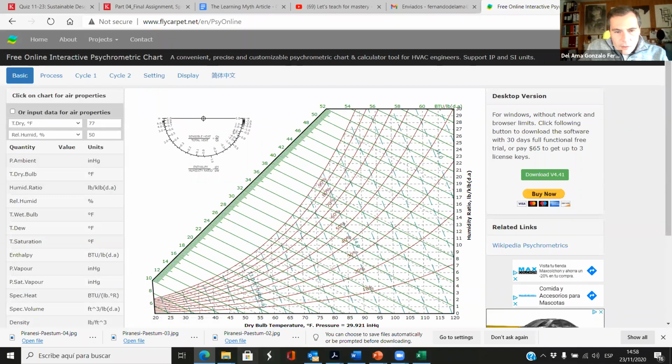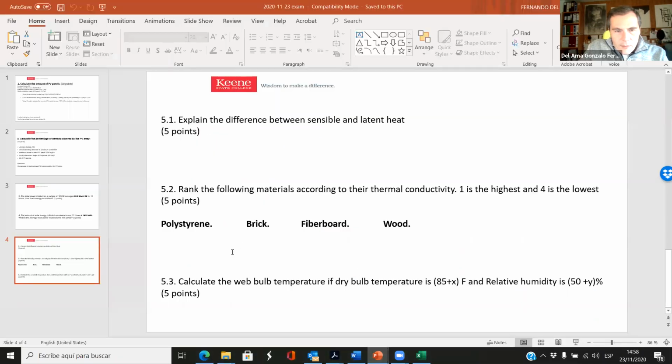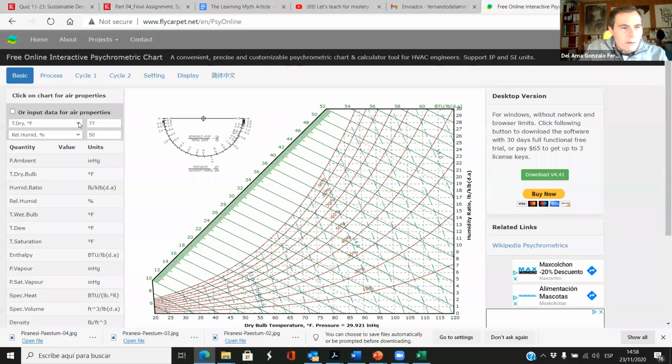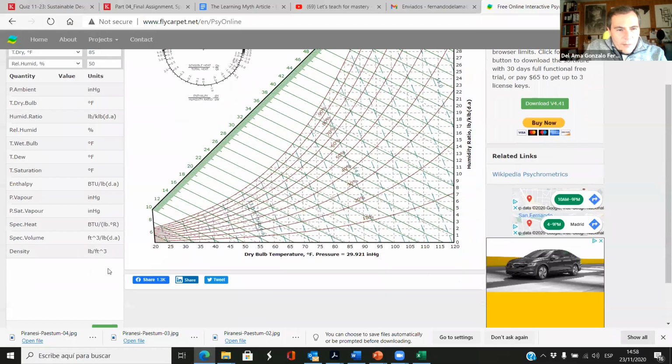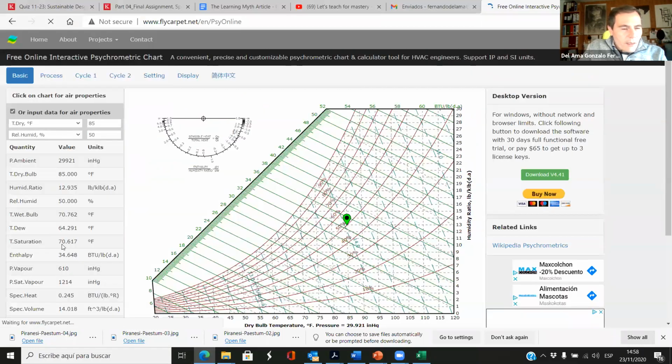Now if we type 85 and 50, let's say. This is 85, this is 50. Remember that we need this input data for our properties, submit. And the wet bulb temperature is 70.7.